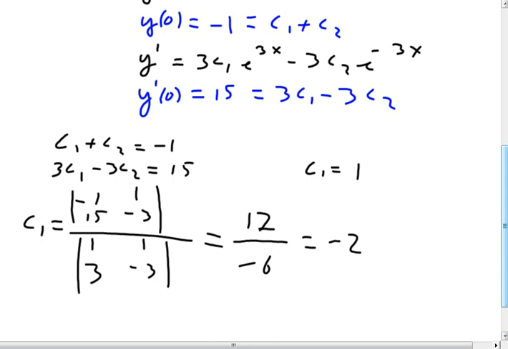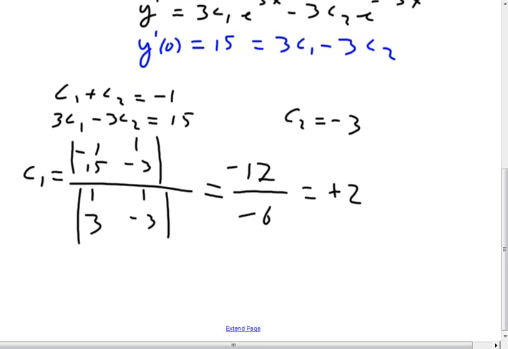This is minus 12. That's a plus 2. If c1 is 2, then c2 had best be minus 3. 6 plus 9 is 15, and 2 minus 3 is minus 1. Okay, so we finally solved that right.